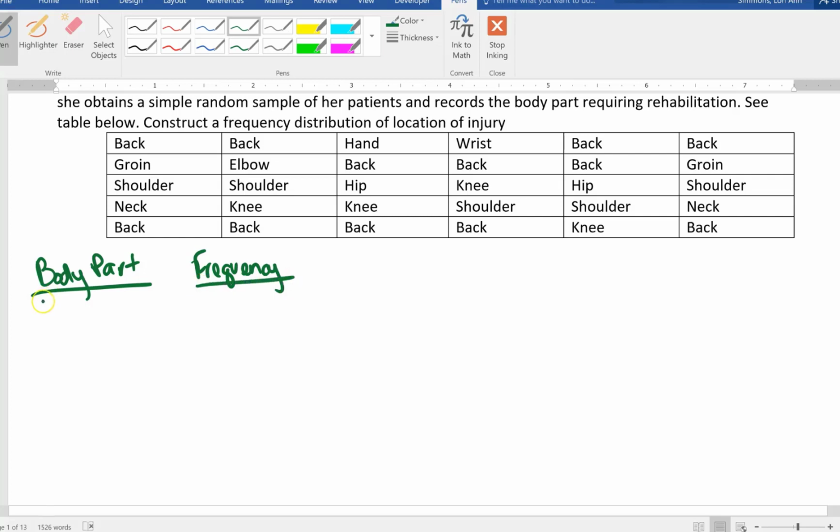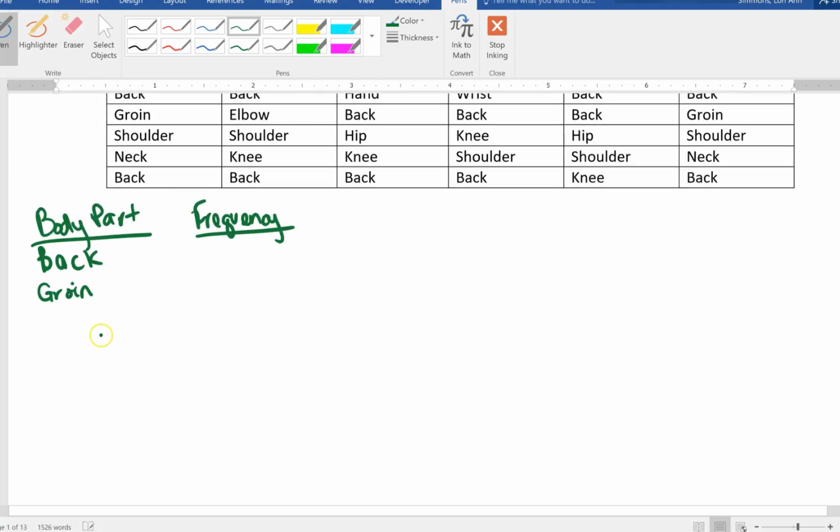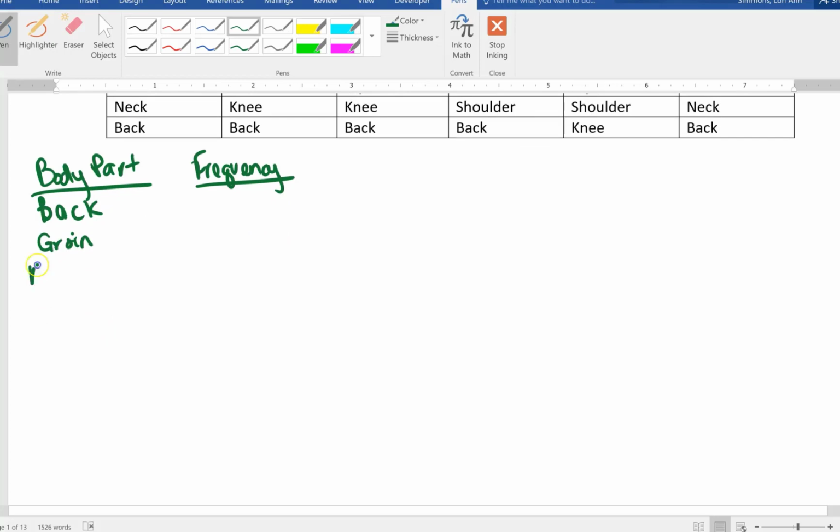So we have back, groin, neck, hand, wrist, shoulder, hip, knee, and elbow.